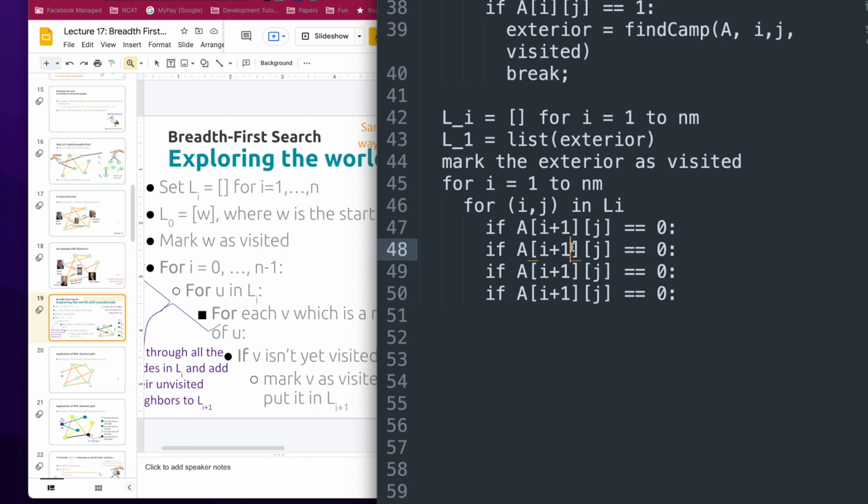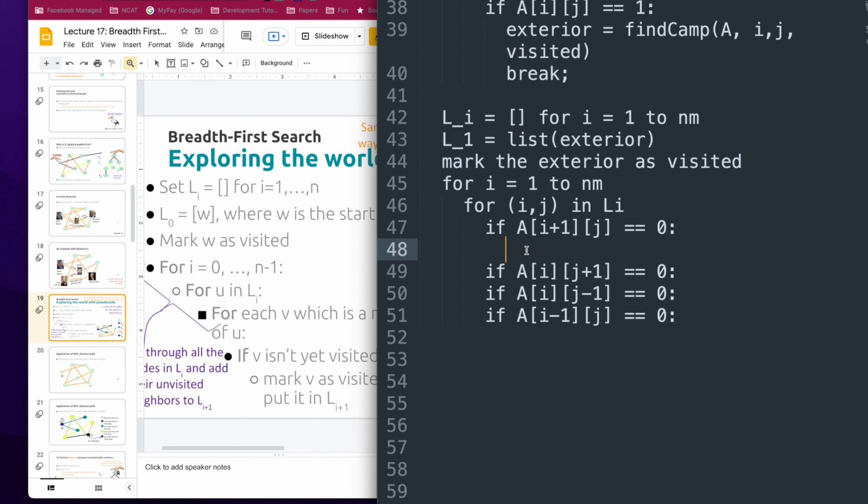You want to check to see if they are equal to 1, or if they're equal to 0. If they're equal to 0, that means it's a possible edge for you to place a tent on, so you do want to consider it. And you want to add that as your level.